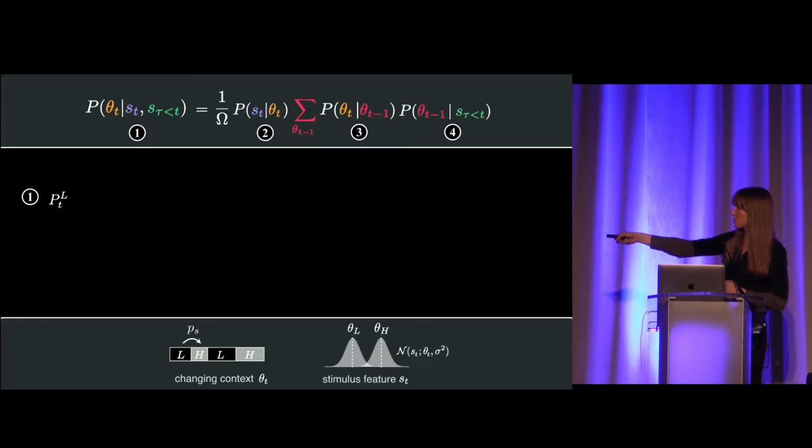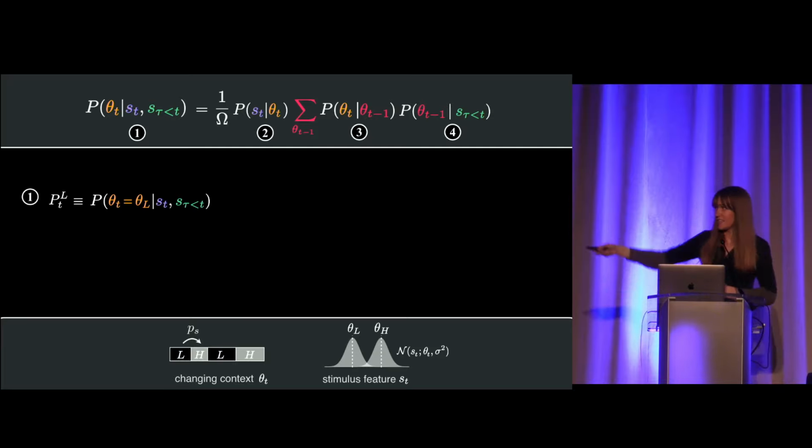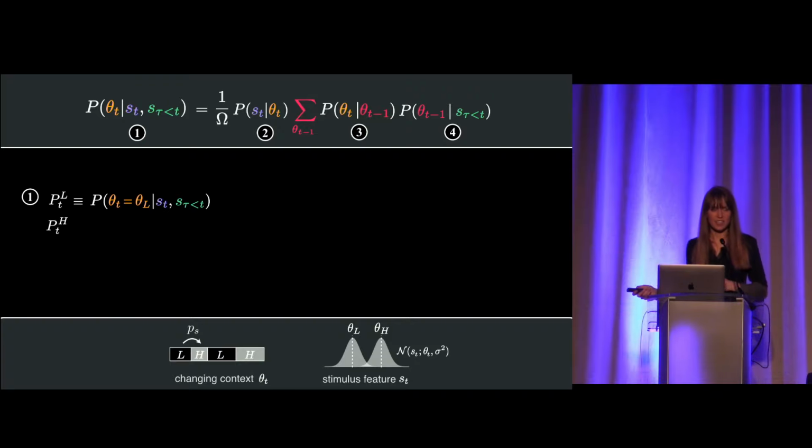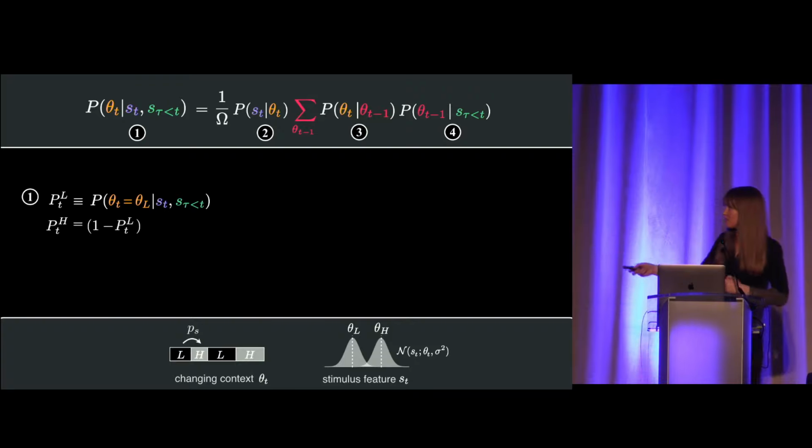I'm going to write that as pi t superscript L, the probability at time t that the environment is in the low context, and it's defined exactly as above, assuming that we're only in the low context. Once we know this distribution, then we know the probability of being in the high context is 1 minus this.